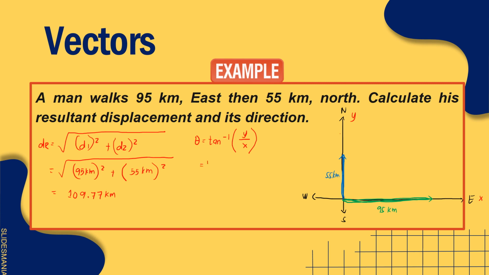So we have here tan negative 1, substitute the given, it's 55 kilometers divided by 95 kilometers. My answer here is 30.0 degrees. Of course, cancel kilometer to kilometer. So our angle is 30 degrees, which we are now ready to illustrate our resultant displacement.